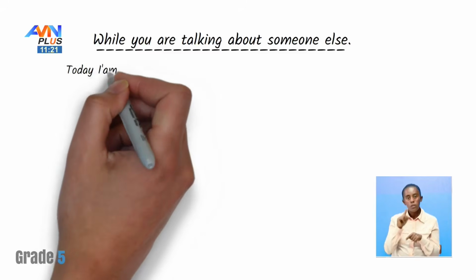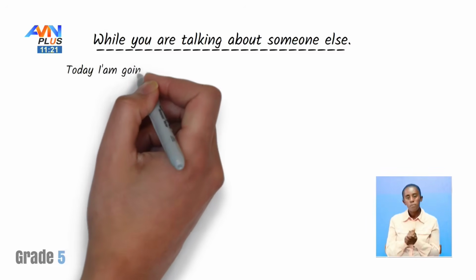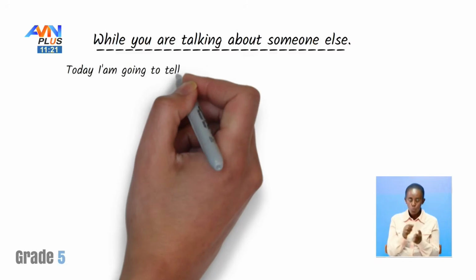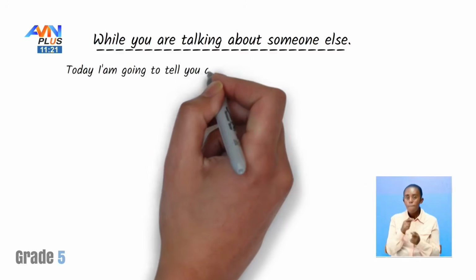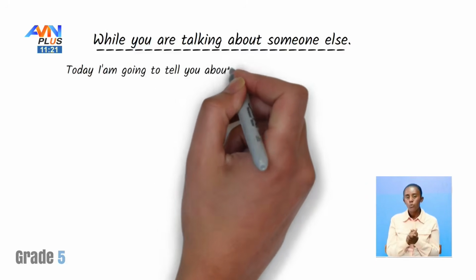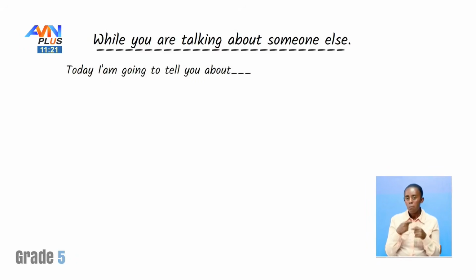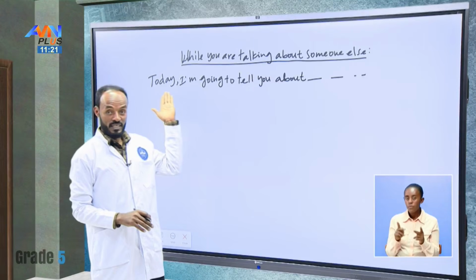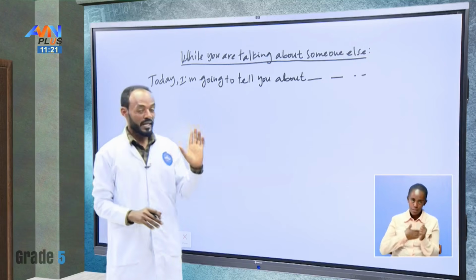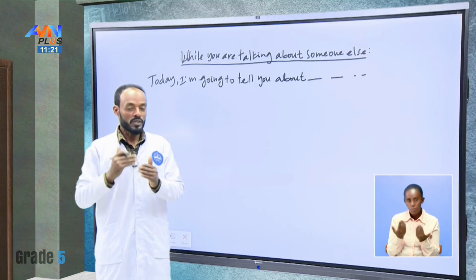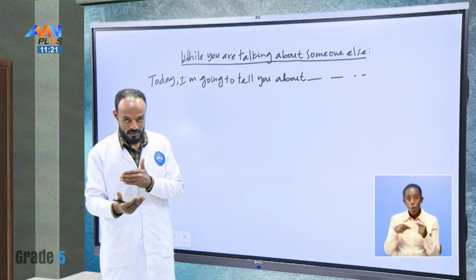So we have to say today here. Today, I'm going to tell you about. Can you say with me? Yes, please. Today I'm going to tell you about. Say it again. Today I'm going to tell you about.